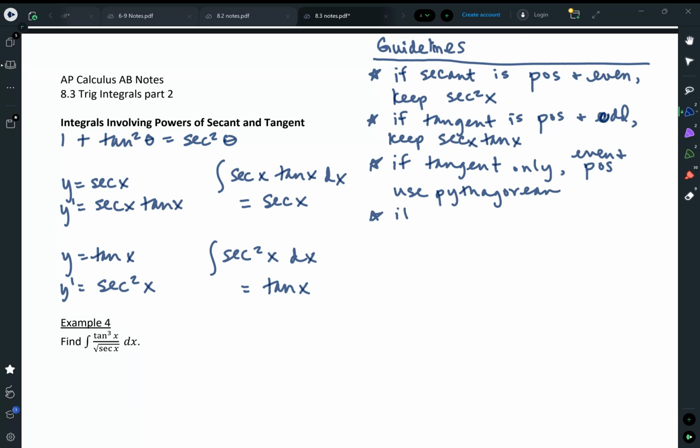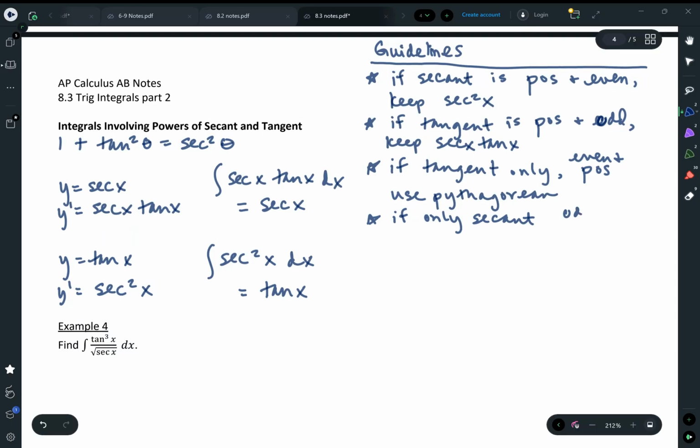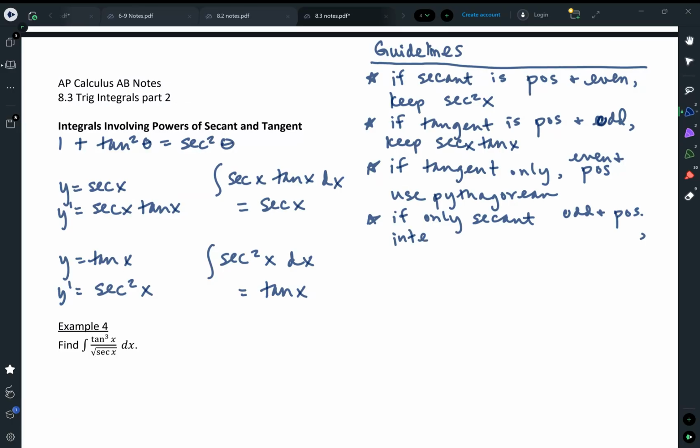If only secant, and by only secant we mean odd and positive, we're going to integrate by parts. And then if all is lost, if you're ready to give up, just try changing everything to sine and cosine.